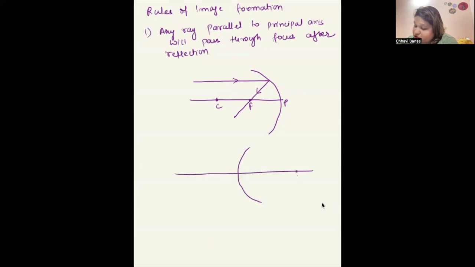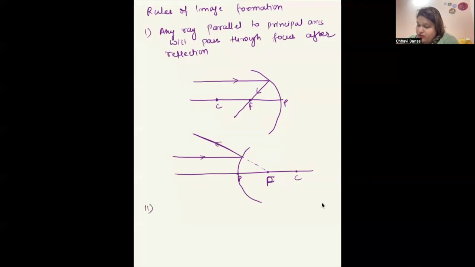This is the center of curvature. This is the pole. This is the focus. Any ray coming parallel to the principal axis, here it is not actually passing through the focus, but it will appear to pass through the focus. This is how it will. This is the first rule for making the image.